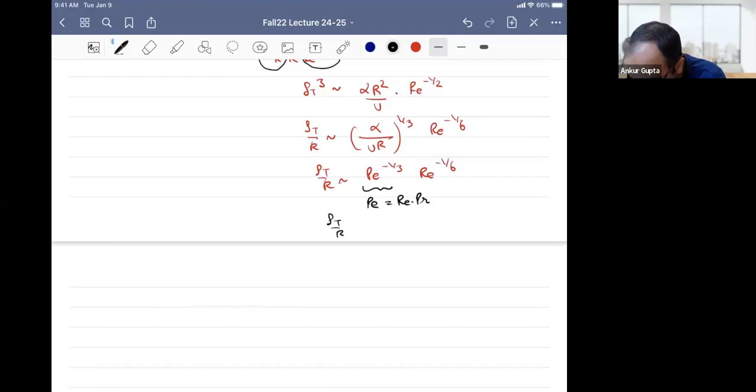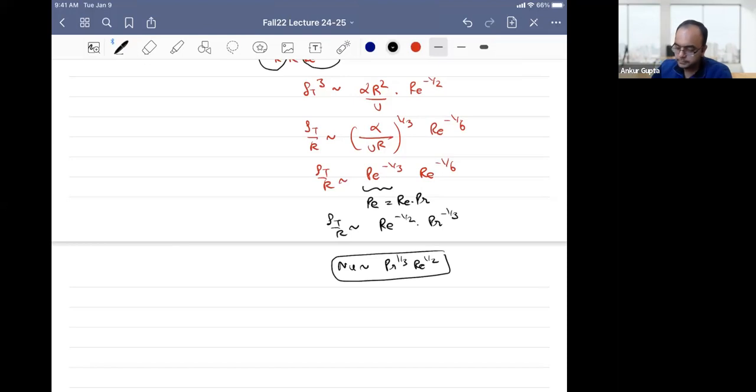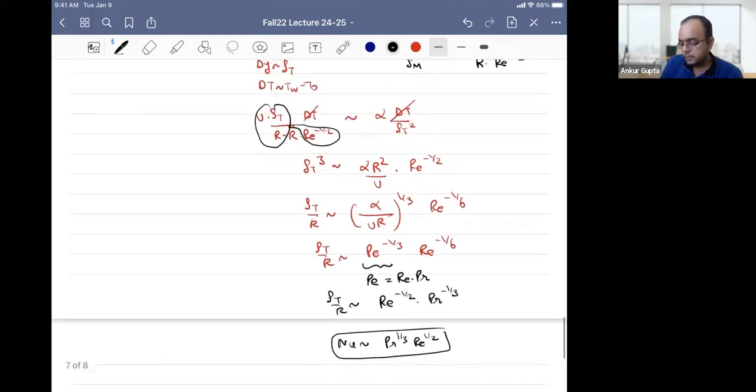So delta T by R becomes Reynolds number to the power of minus half, Prandtl to the power of minus 1/3, or the Nusselt number becomes the inverse of that. This is a little bit more complicated because we now have the momentum boundary layer also becoming a function of Reynolds number. Because they're both larger than 1, this becomes more complicated. Any questions here?